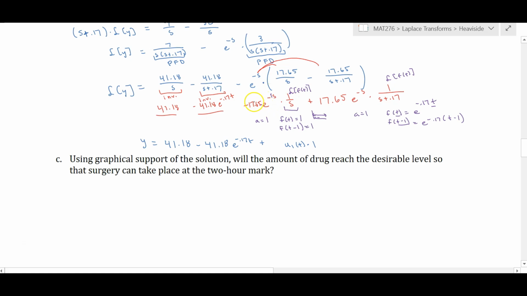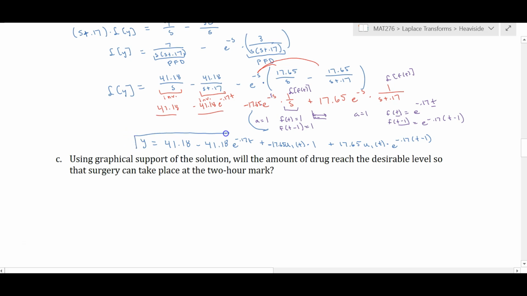But keep in mind that we had the negative 17.65, so we have to put that there as well, minus 17.65. This was positive on this side, so I'm just going to, before I forget, copy down that 17.65 right there. A is equal to 1 again, so the inverse of this is u sub a of t times f of t minus a. e to the negative 0.17 times quantity t minus 1. Perfect. So there's our solution, my friends.